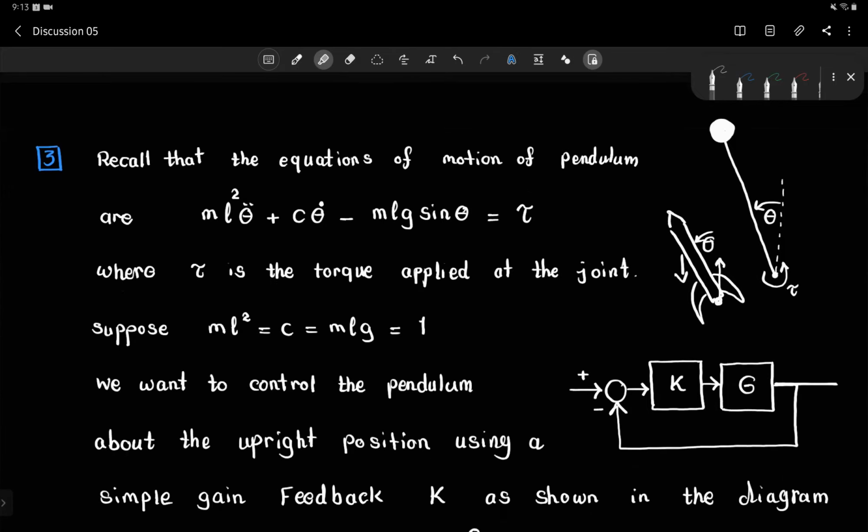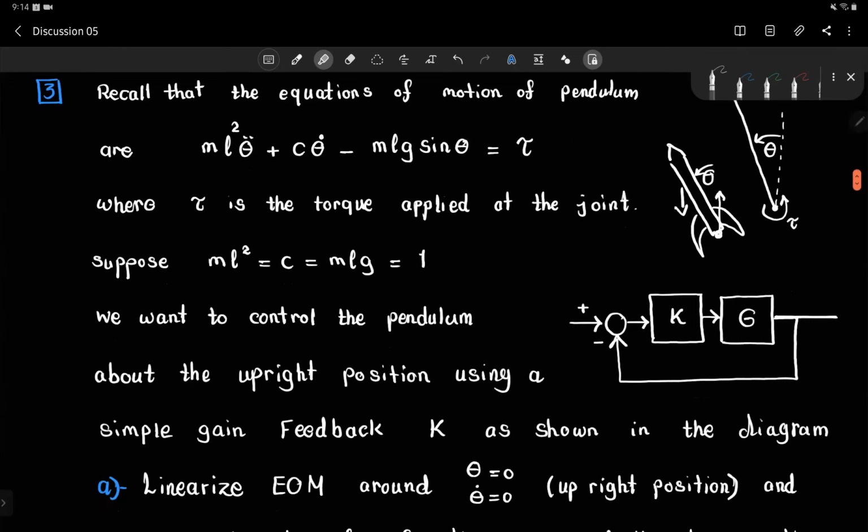So recall that the equations of motion of this system are given by this equation of motion. Again, tau is the torque applied to the joint. And for simplicity, let's just say that m L squared is equal to c is equal to m L g, just so that we have all the coefficients here equal to 1. Okay.